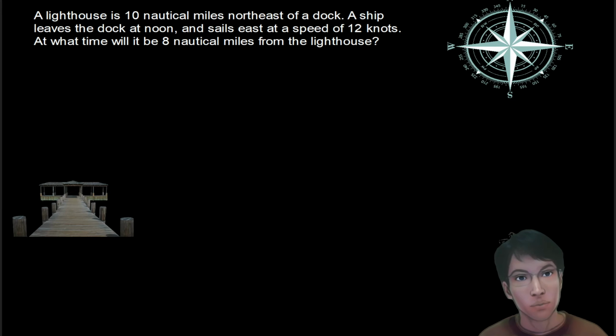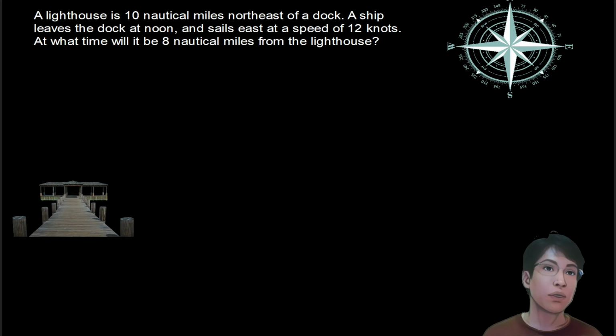Alright, another example. A lighthouse is 10 nautical miles northeast of a dock. So if this is our dock, take note of our compass. I have included the compass here. Northeast is 45 degrees.